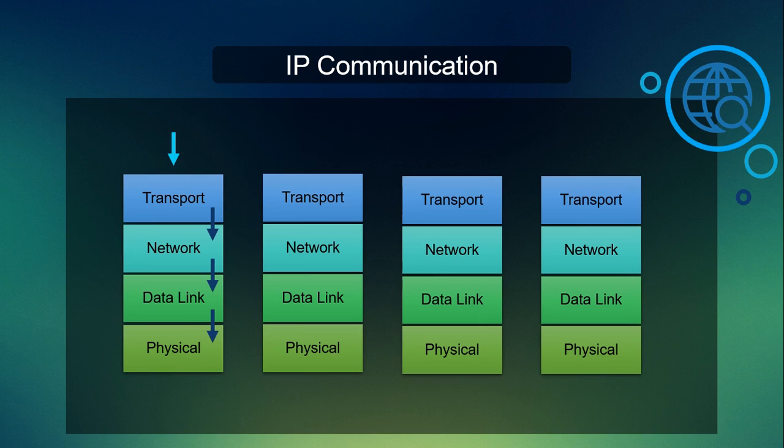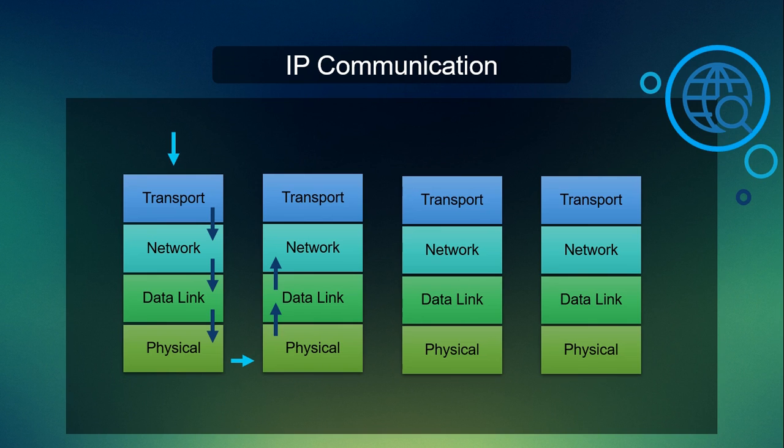Once the packet is received by the physical layer, it forwards the packet to the next hop. Now the packet moves to data link layer and it forwards to network layer. Network layer reads source and destination headers based on the routing or forwarding tables and decides what is the next hop.